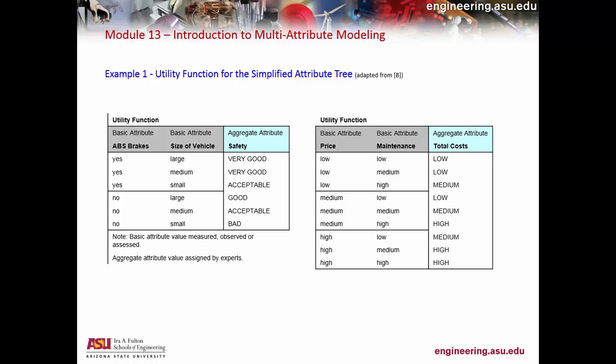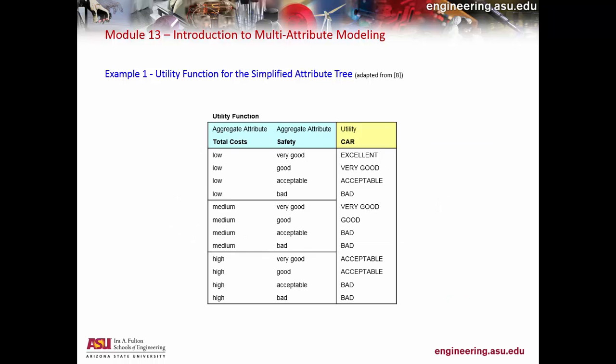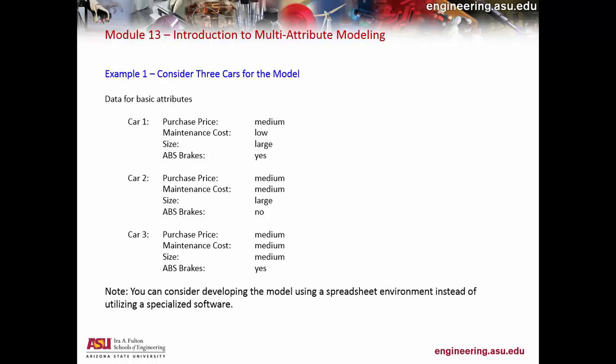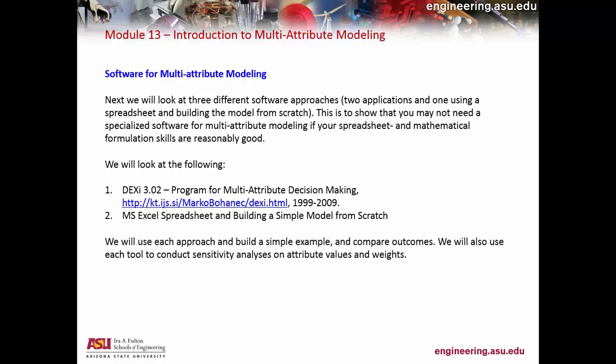If I put two attributes together, I can see how they affect another. So how do I do this? I make up my own rule. It's utility, so it's arbitrary how you look at it. Here's a consideration for 3 models of cars and how they rank with all of these.